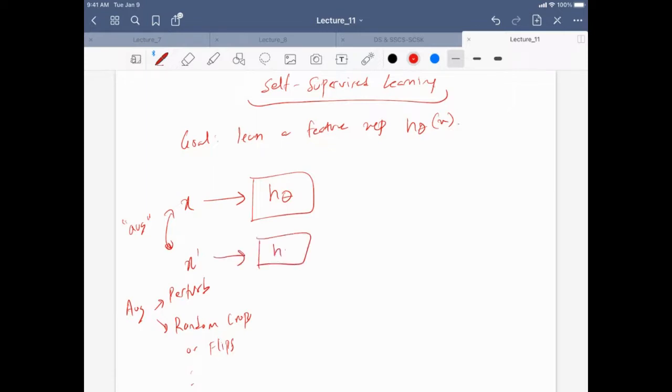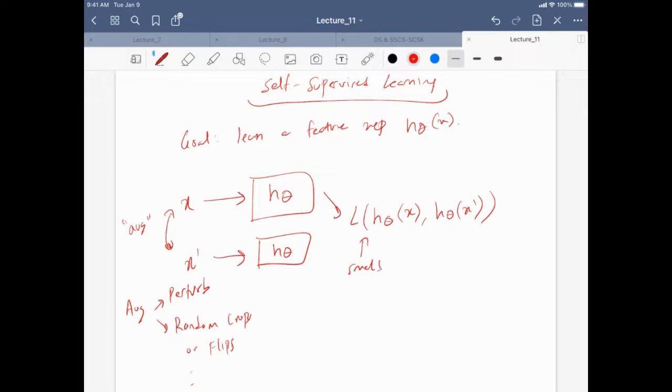And basically what this is saying is that you pass X and X prime to h theta, and then you take a loss function which compares h theta of X and h theta of X prime, right? And this loss should be small.